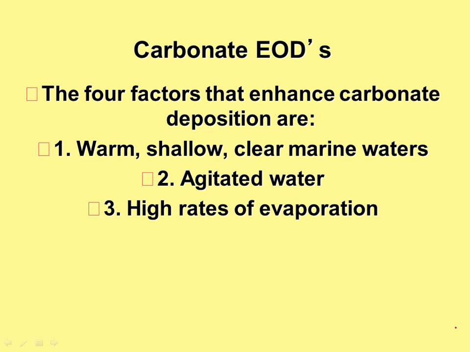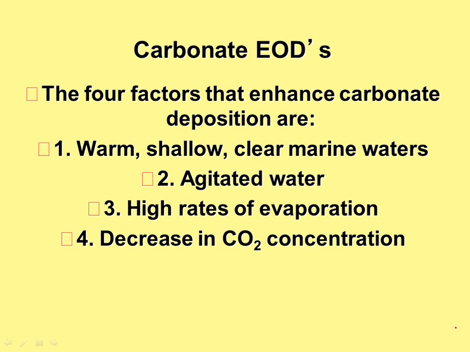Typically experiencing relatively high rates of evaporation, which would address warmer conditions. I think back to the greenhouse climate argument, and a decrease in carbon dioxide concentration, which typically happens in shallower water. In deeper waters, carbon dioxide, by virtue of pressure differences, can be held in greater concentrations. Shallow waters with agitation and so on and so forth can result in the release of carbon dioxide.